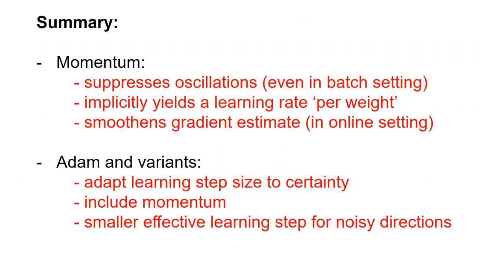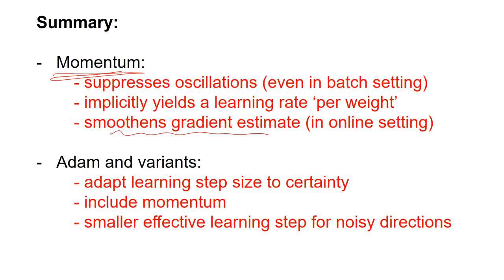So the summary: momentum always suppresses oscillations. It implicitly yields a learning rate that's different for each weight. It's an effective learning rate per weight. And it smoothens the gradient estimate because you average effectively with an exponential filter over several gradient time steps.